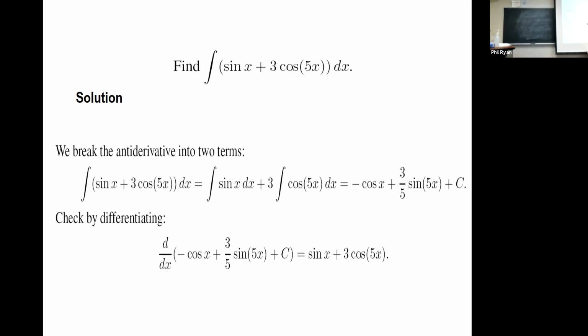The antiderivative of sine is minus cosine. The antiderivative of cosine is sine. So the 5x stays there, and now we divide by 5. And so since we had a 3 here, we get 3/5. And then at the end, we remember to put the plus c.